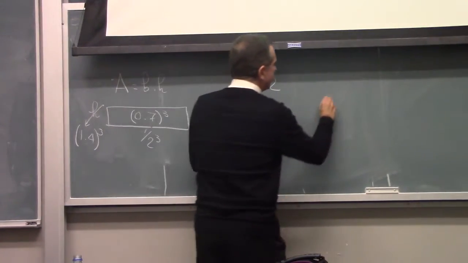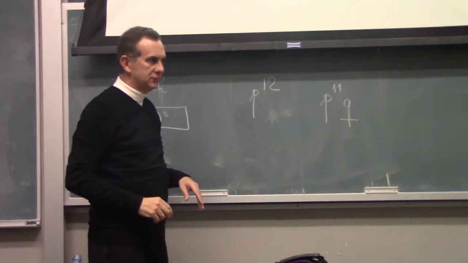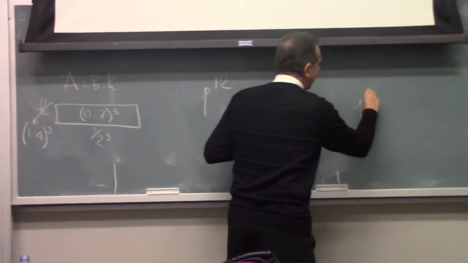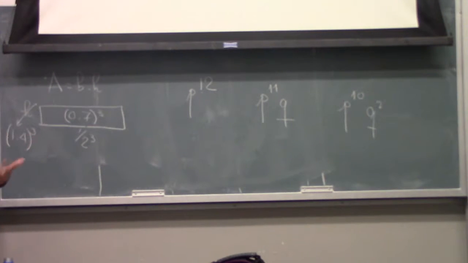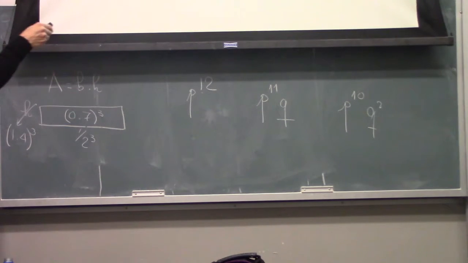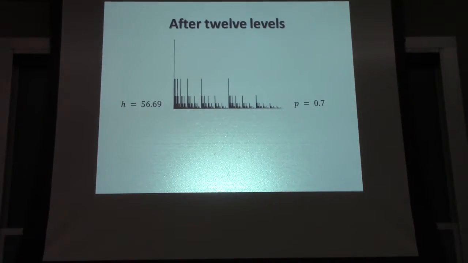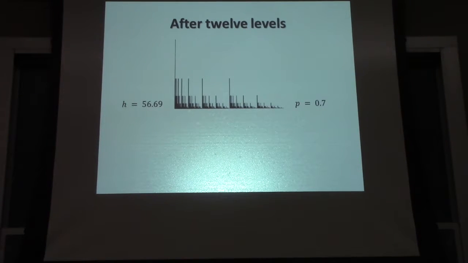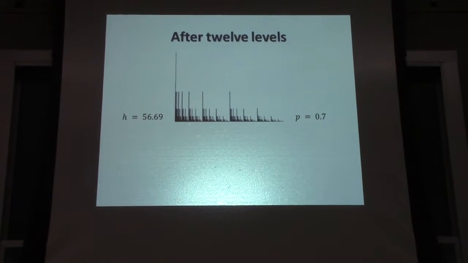The second largest, P to the 11th Q. The next one, P to the 10th Q squared, and so on. That is how these things are going to happen. So, these guys, they all have this mass. These guys, they all have this mass. Okay? Immediately you look at that and you say, gee, there are more of these than of this.